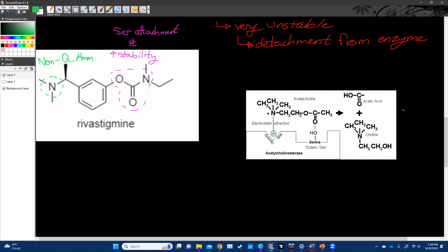Essentially what happens in acetylcholinesterase is that it has two sites to it. The first site has a ton of negative amino acids, and those negative amino acids are attracted to the positive nitrogen.